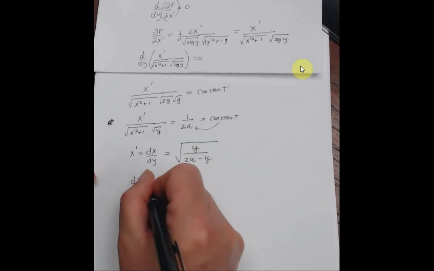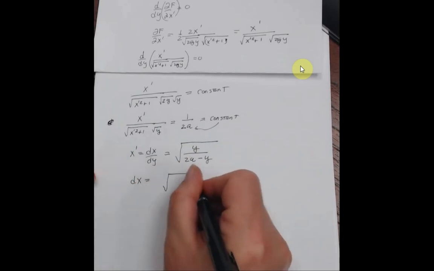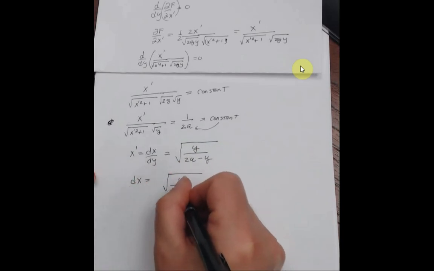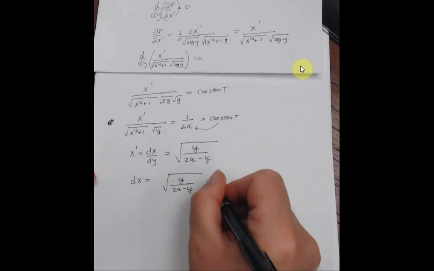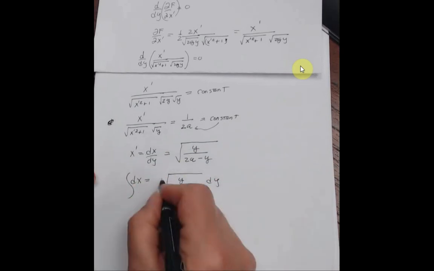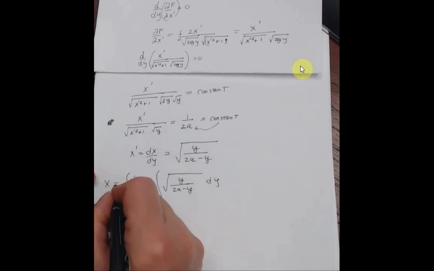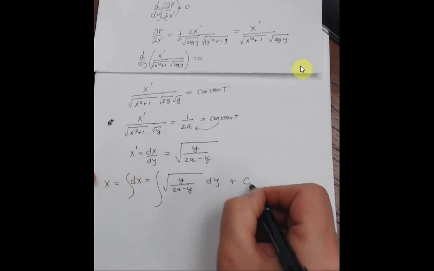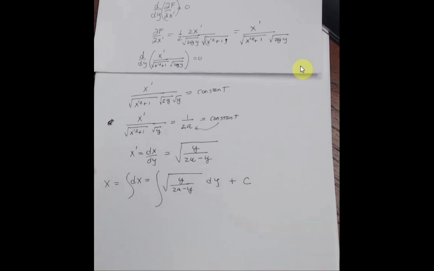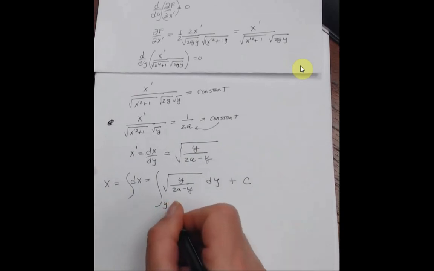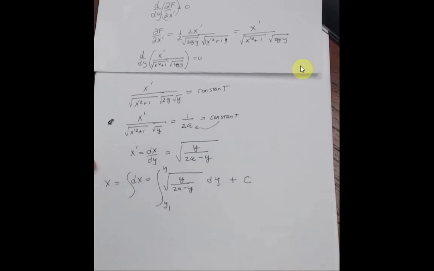So that means dx is equal to this. And if I integrate, I get x equals this plus an integration constant. Okay. y1 to y. So we need to do this integral. So that's the next step.